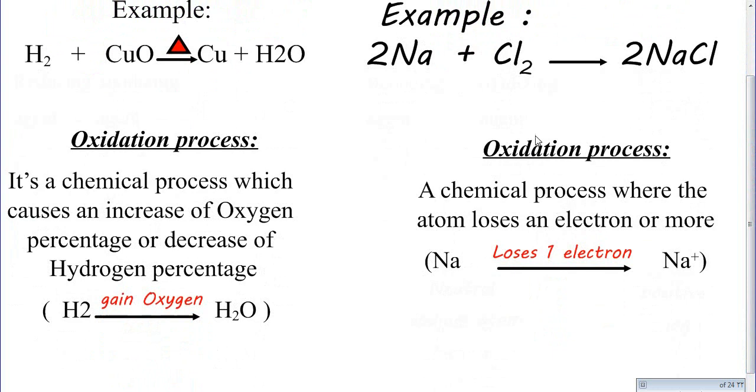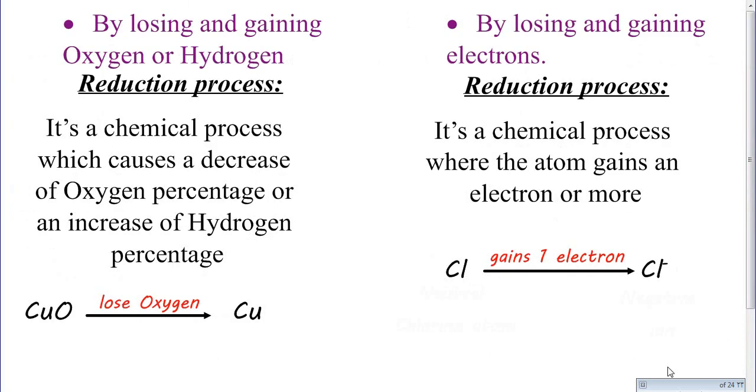So what is meant by oxidation? Losing electrons, or an increase in the percentage of oxygen. So sodium, which represents the neutral atom of sodium, will lose one electron and change into a sodium ion, or positive ion.